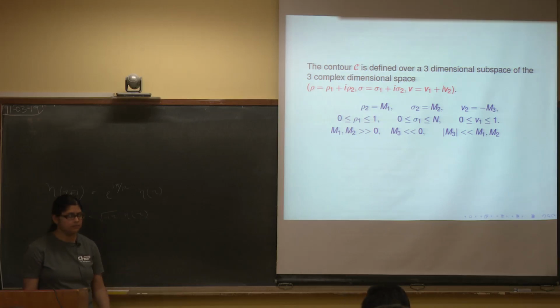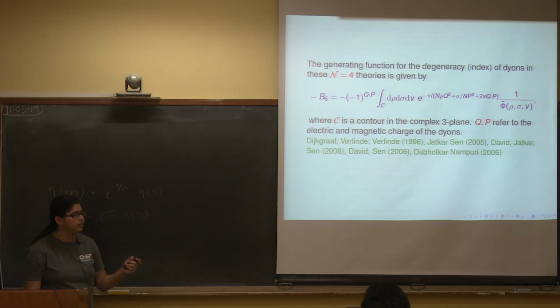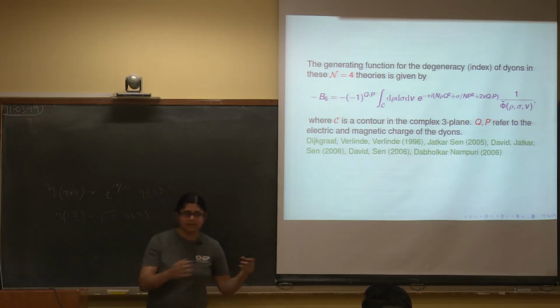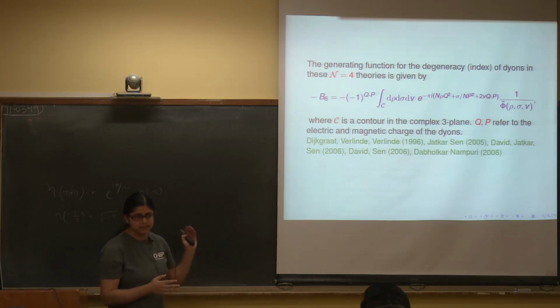Let's understand what this B6 is. Minus B6 is actually, when you break the supersymmetry, these are 1/4 BPS dyons.